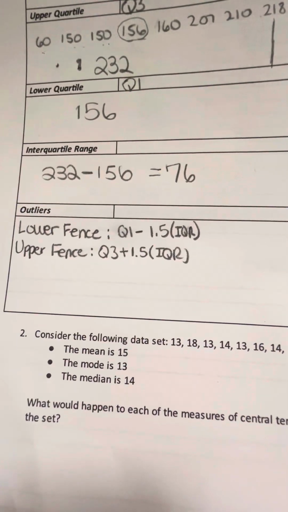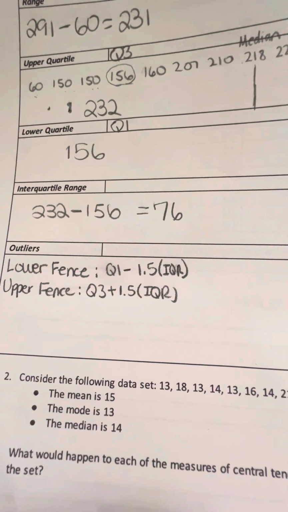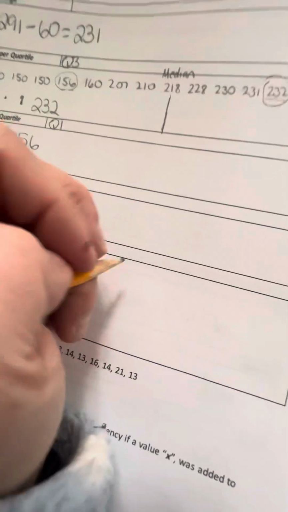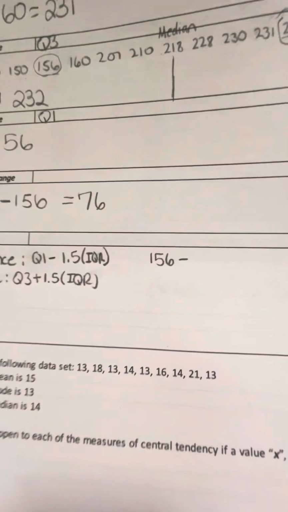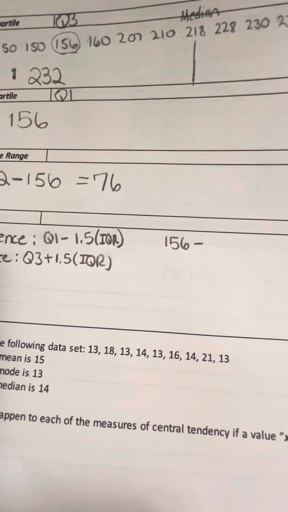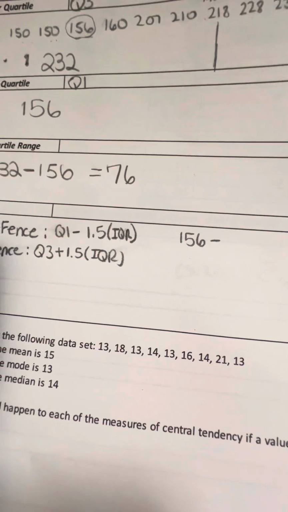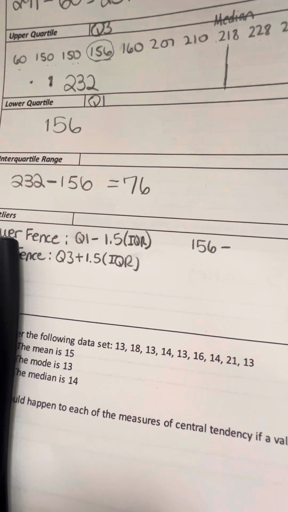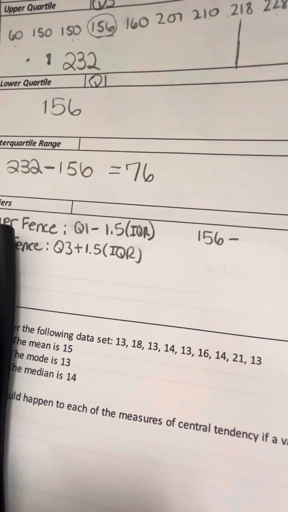For the lower fence, our Q1 was 156. So we're going to put 156 here. We're going to subtract 1.5 times our IQR. It was 76, so we multiply it by 1.5.